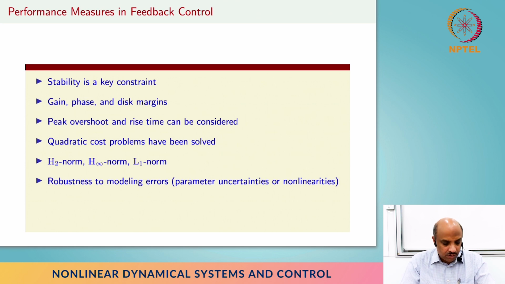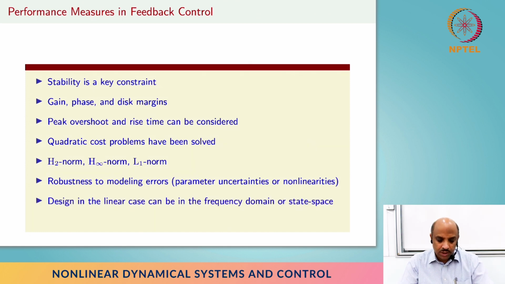So anyway, of course, other aspects, just as in classical control, robustness to modeling errors is equally important. And in the linear case, we can design using the standard robust control techniques that we have seen in frequency domain, but the same thing can be done in state space, as we have seen through dissipativity theory or absolute stability problem.